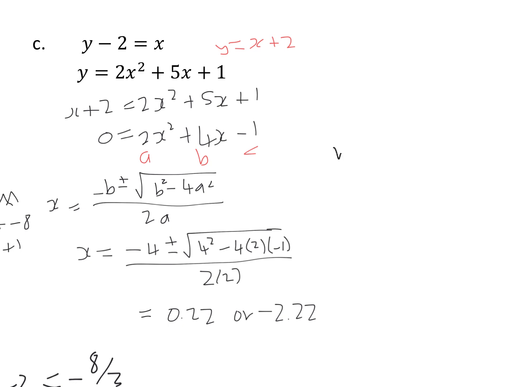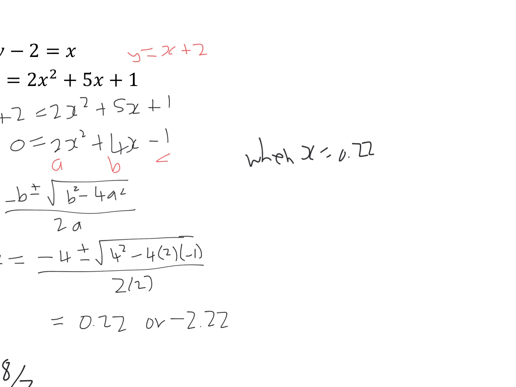I'm just going to say when x equals 0.22, y equals, it's going to be 2 more than that, so that would be 2.22, and then when x equals minus 2.22, y equals, you get the minus 2.22, you add 2 onto that, which will give you minus 0.22.